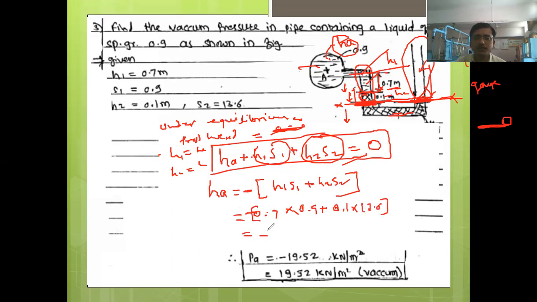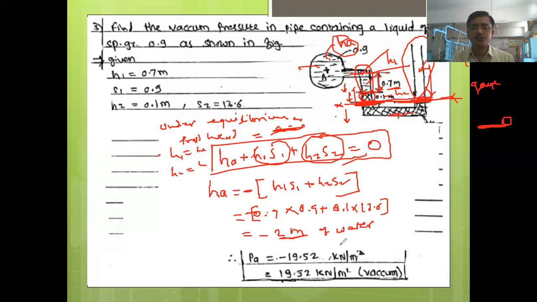So find that, and you will get the answer for the pressure head in the pipe. 0.7 multiplied by 0.9 plus 13.6 multiplied by 0.1, it is 1.99, or you can say it is minus 2 meter of water, right?